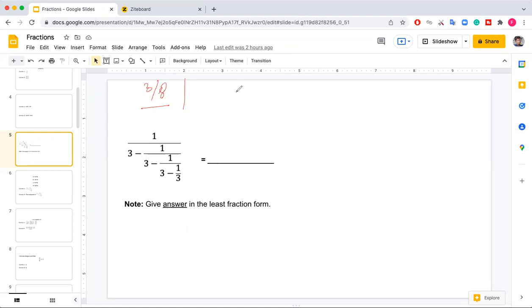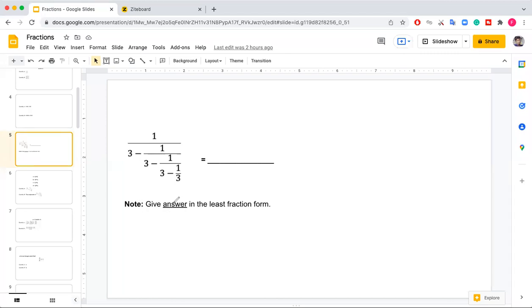Any other answer? Is anyone still solving or shall I solve? Okay, so we have this question.